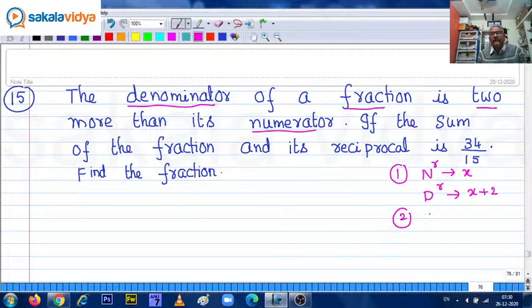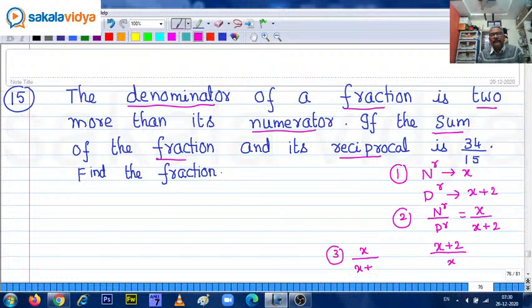Now the fraction becomes numerator by denominator, that is equal to x upon x plus 2. And according to the problem, what is given? Sum of the fraction and its reciprocal. First, what is the reciprocal? x plus 2 by x. So third step, sum means x upon x plus 2 plus x plus 2 by x equal to 34 by 15. Just simplify this one, you will get a quadratic equation. You can find out the x value. So this is the plan.